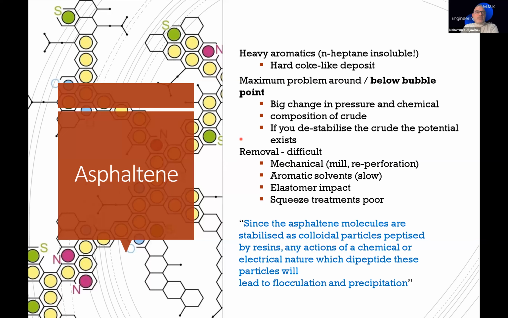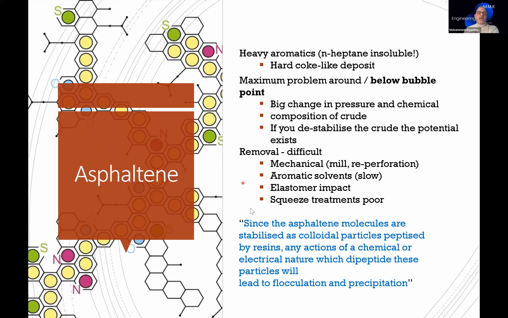There's a chain of aromatics, resins, and asphaltenes. So it's very important to know when we have evidence of asphaltene. Is there any change in the pressure or temperature inside the well, inside the reservoir? Why have we seen some asphaltene in our production?